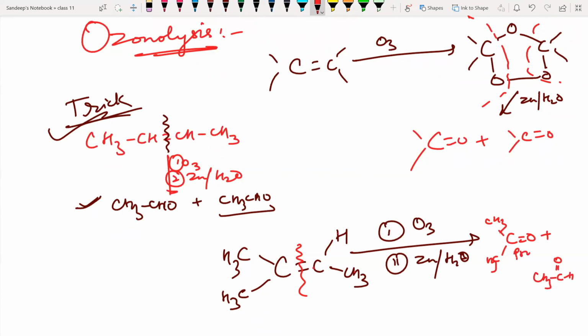So one is propanone, another is ethanal. So both aldehydes and ketones can be formed; sometimes both aldehyde, both ketone or aldehyde and ketone can be formed. So this is ozonolysis. It is useful in detecting the position of double bond in alkenes and other unsaturated compounds.